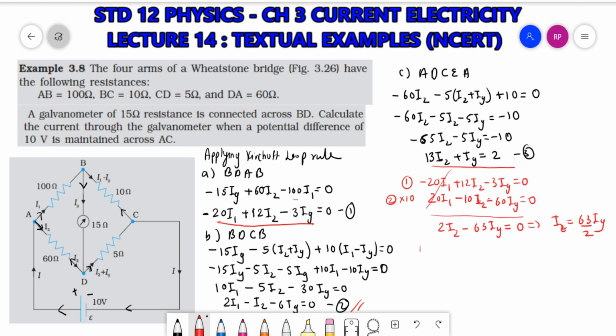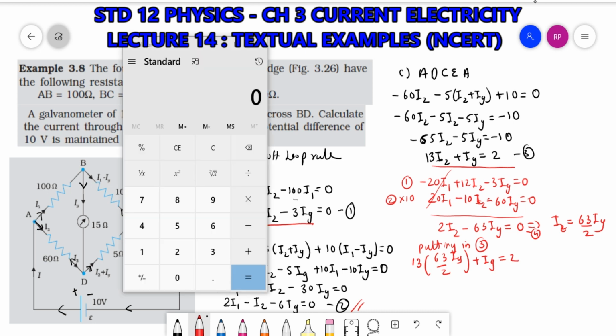Let's name this as equation 4. Now putting the value of I2 in equation 3, I will get 13 into 63 IG by 2, plus IG, that is equal to 2.